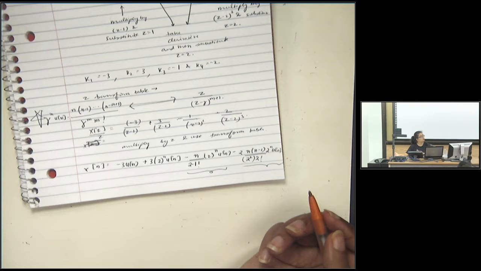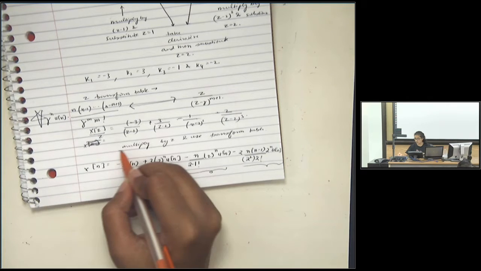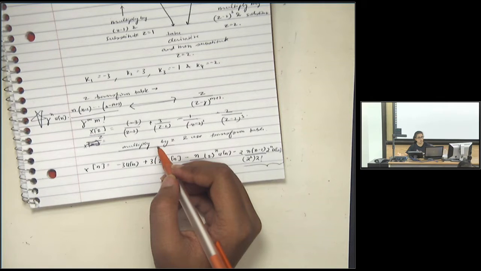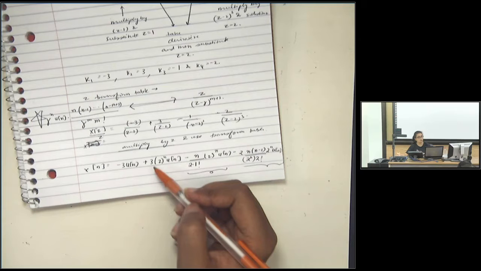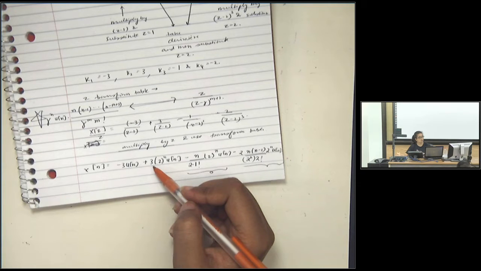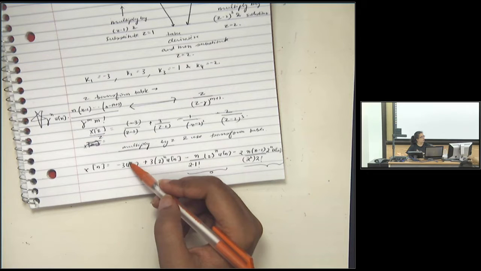Yes. So first you have to multiply by z. I didn't write it. That's x of z over z right now. You have to multiply this expression with z and then take the transform. So how come it's negative 3 u of n? One second.